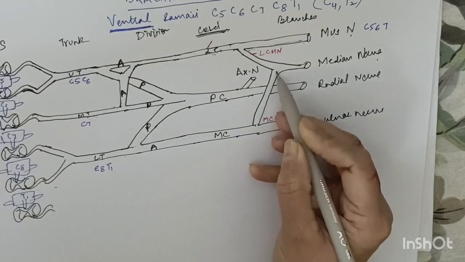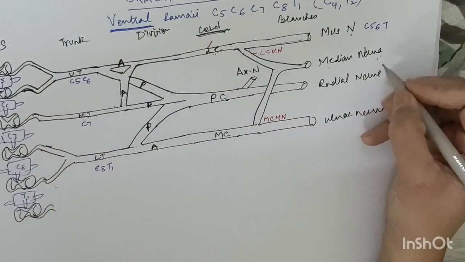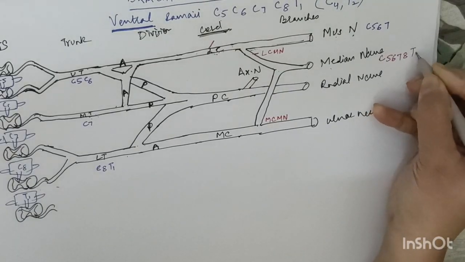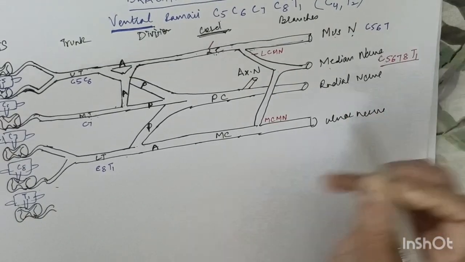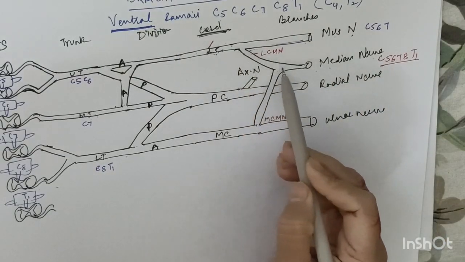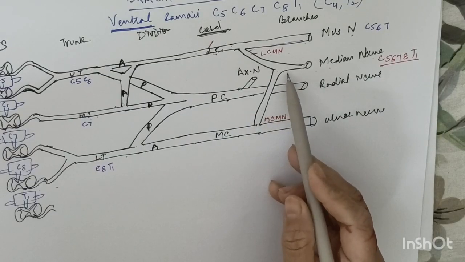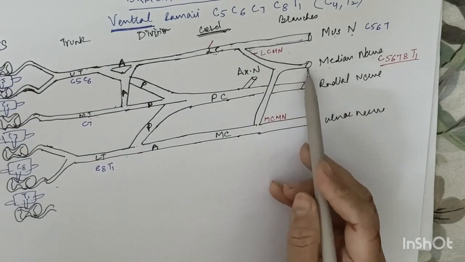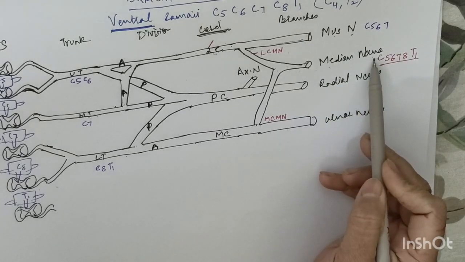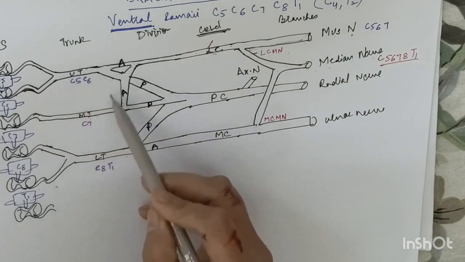These both combine together to form the median nerve. That means it is supplied by C5, C6, C7, C8 and T1. So the whole brachial plexus contributes to the median nerve, because the lateral and medial roots combine to form the median nerve.